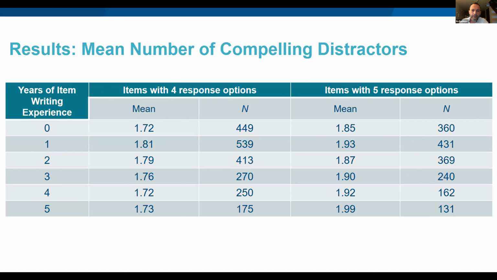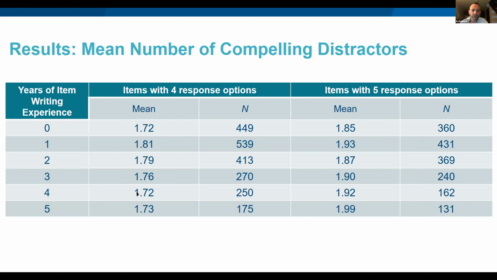And finally, the last descriptive analysis was on the mean number of compelling distractors. Here we broke down the analysis based on the number of response options, because this sort of drives the mean. When you have more options, the number of distractors can be larger.